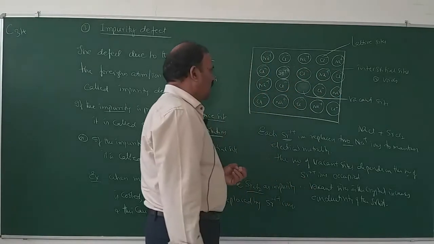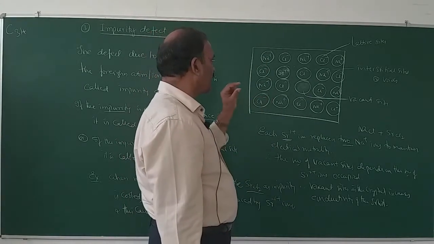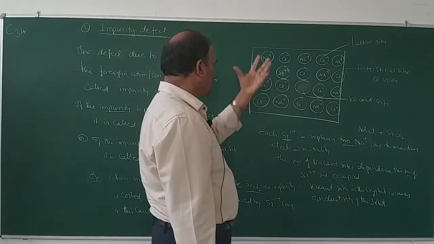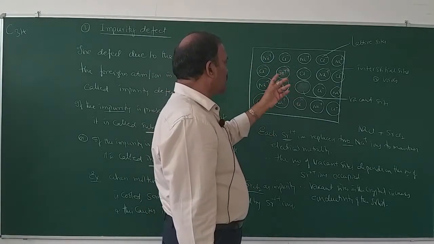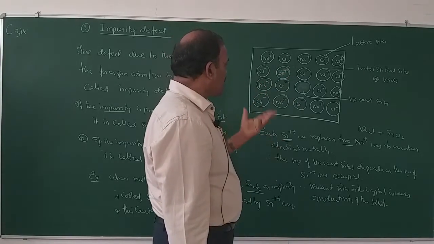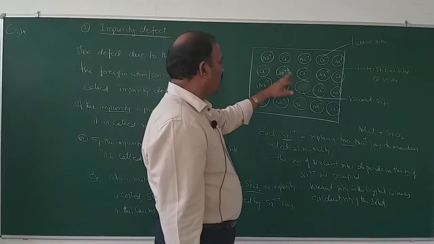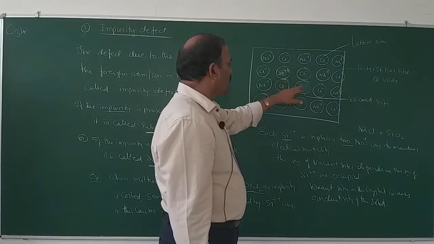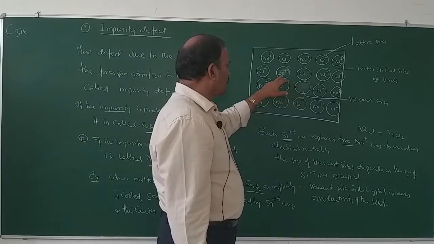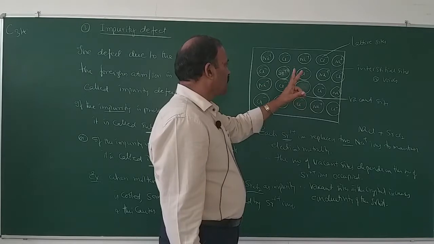For example, when molten sodium chloride containing a little strontium chloride is cooled, what happens? Some sodium ions are replaced by strontium ions. Each strontium ion replaces 2 sodium ions to maintain electrical neutrality, because the valency of strontium is 2 and the valency of sodium is 1.